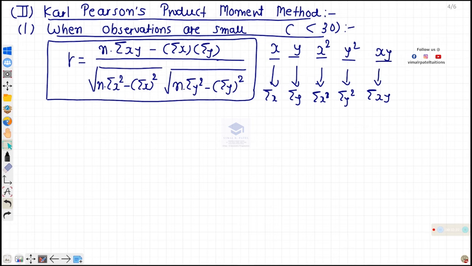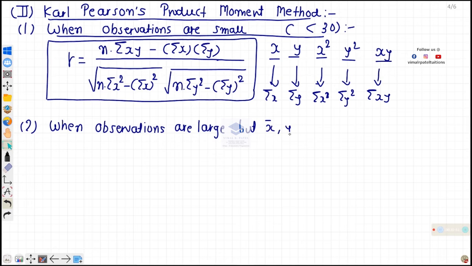Then next one. Observations are large, but x bar and y bar are integers.